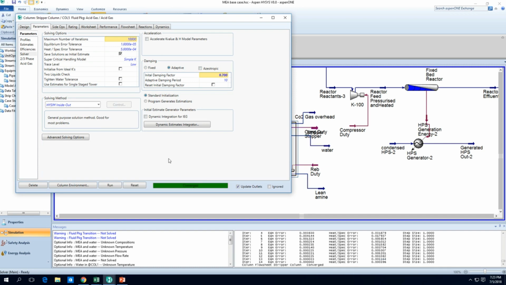After that, HYSYS will help you to guess the damping factor, and now it converges at a damping factor of 0.7. So it will give you more or less the same result. And that's how you converge columns and prevent the heat spec error from happening, especially for amine towers.